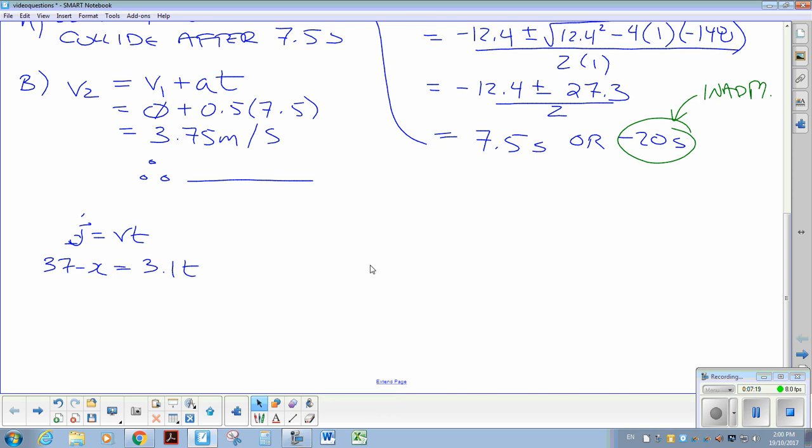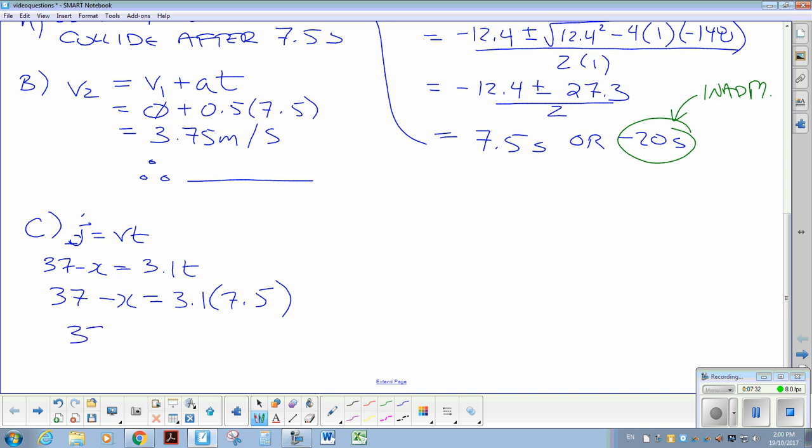Okay, magic of technology. So part C: 37 minus X equals 3.1 times the 7.5. I'm just using one of the two equations from above. So 37 minus X equals 7.5 times 3.1, 23.25.